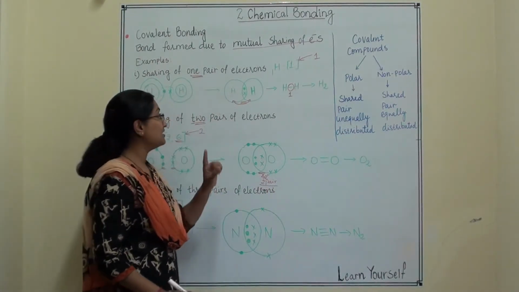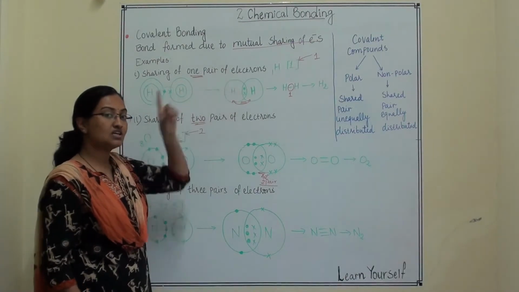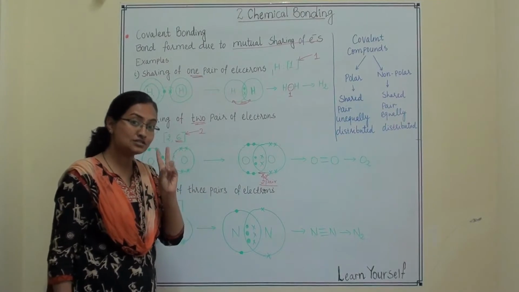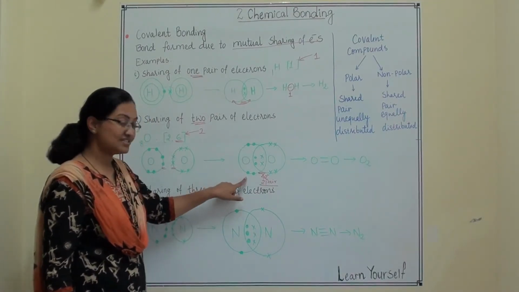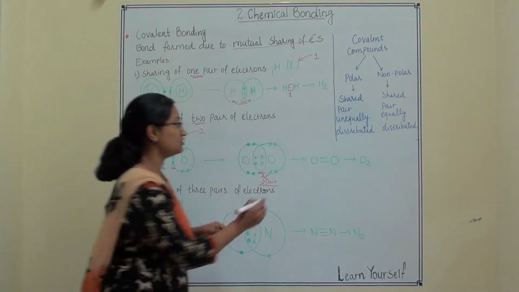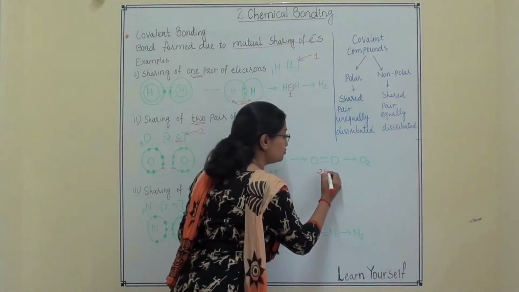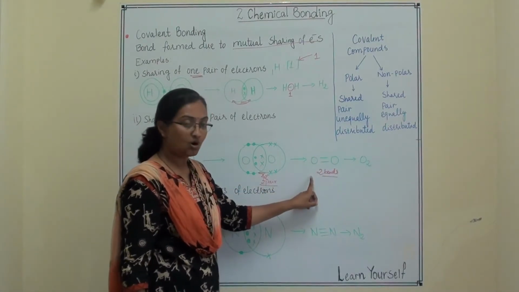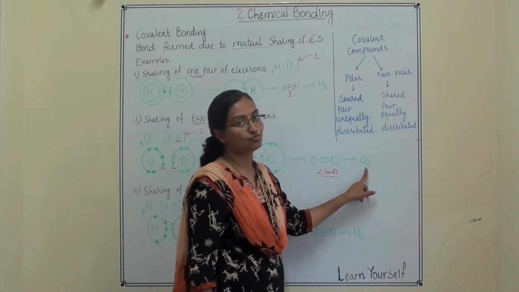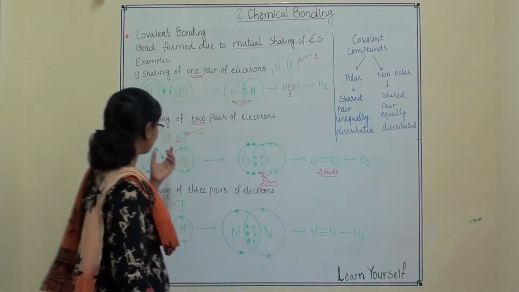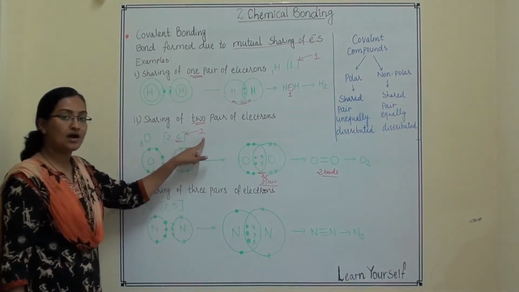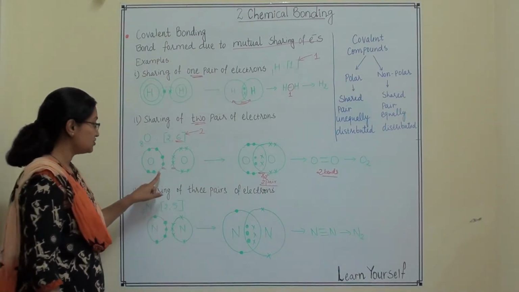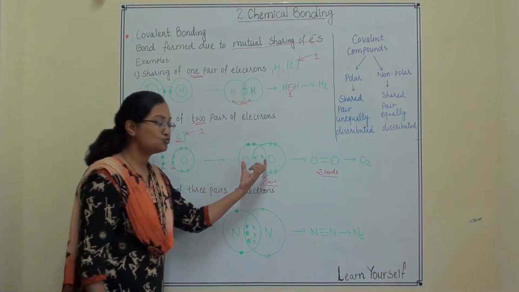Remember that when they are sharing 2 electrons, it is 1 pair of electrons. When they are sharing 4 electrons, it is 2 pairs of electrons. And since they are sharing 2 pairs of electrons, they make 2 bonds in between. So it is an oxygen double bond, and they form an oxygen molecule here. Again, oxygen requires 2 electrons to complete its octet, so it is going to share 2 electrons.